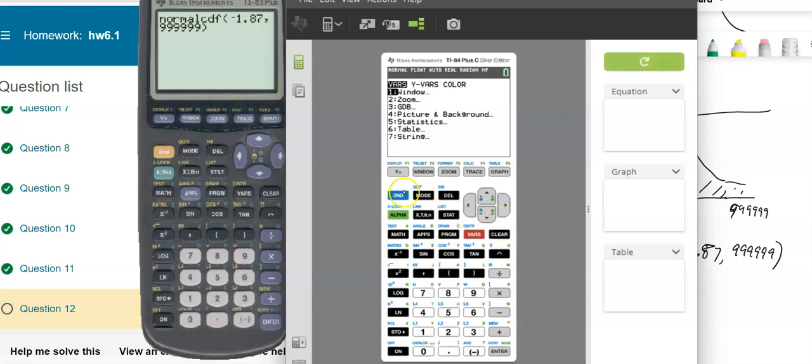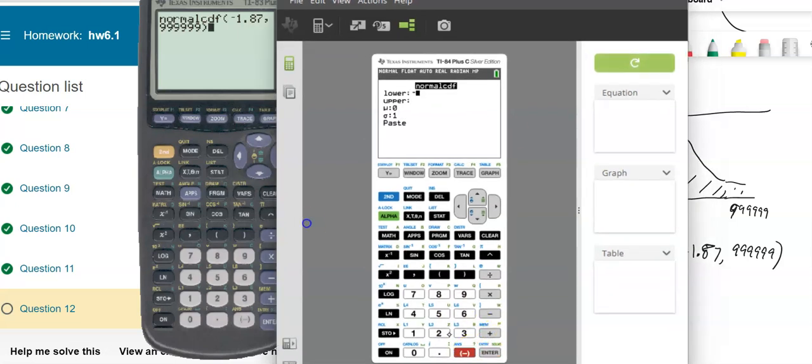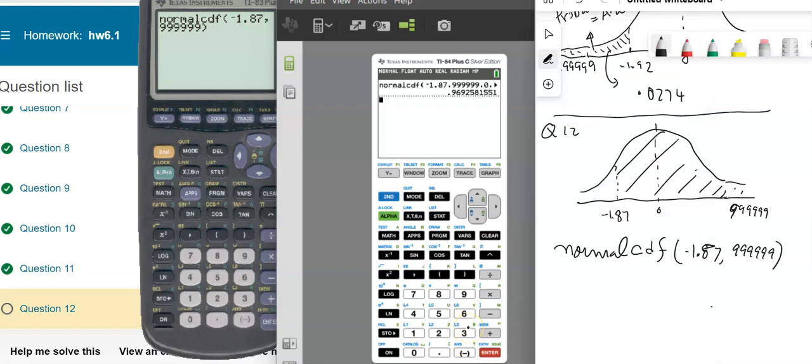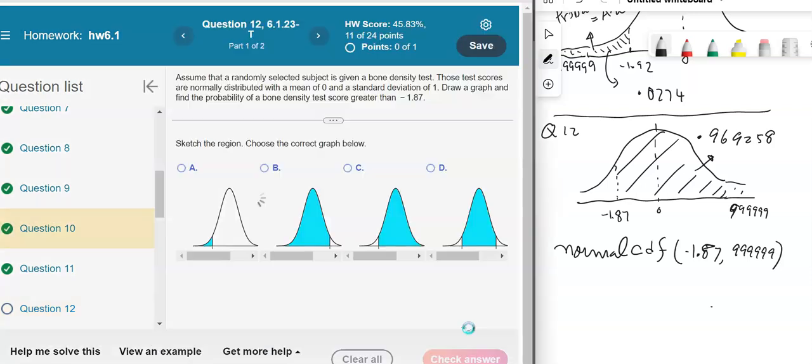They're asking lower: lower is negative 1.87, upper is 999,999, and mu is 0, sigma is 1. Just leave it there as the default value. So it is 0.96928. Now, they want you to round to how many decimals?